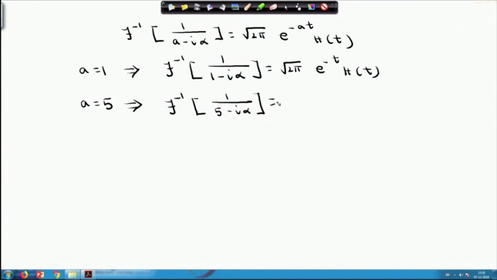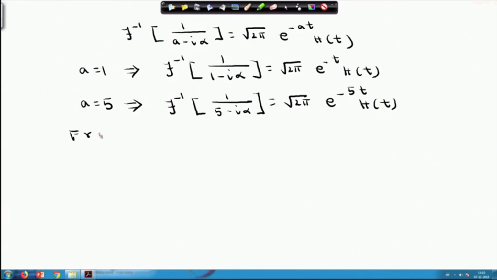That is the reason we developed the generic one, the Fourier inverse of 1 by (a minus i alpha). So you can write root over 2 by pi into e power minus 5t into h(t), where h(t) is the unit Heaviside function.